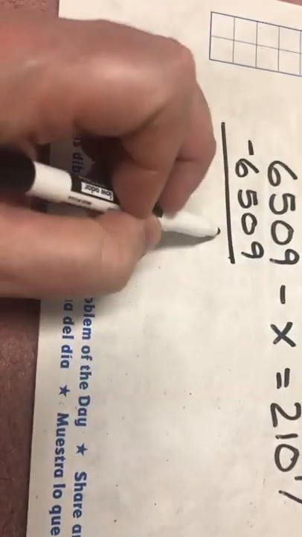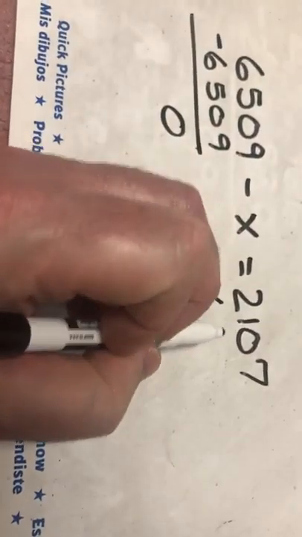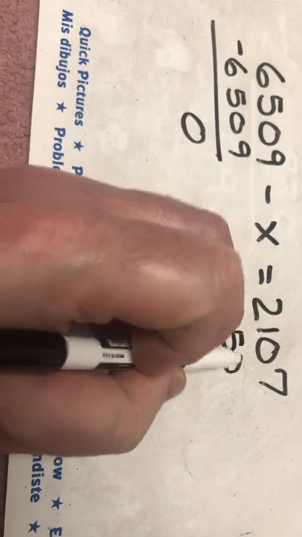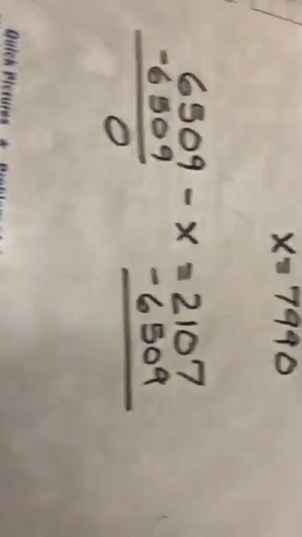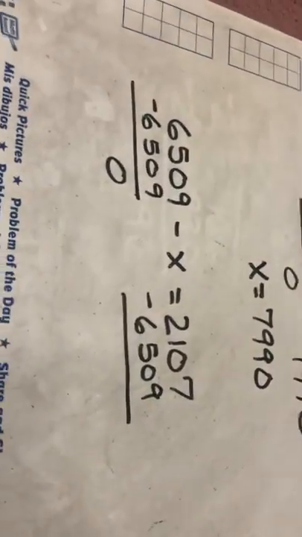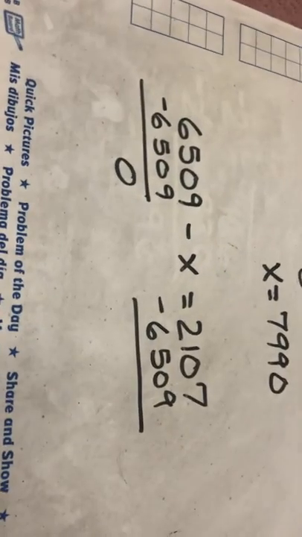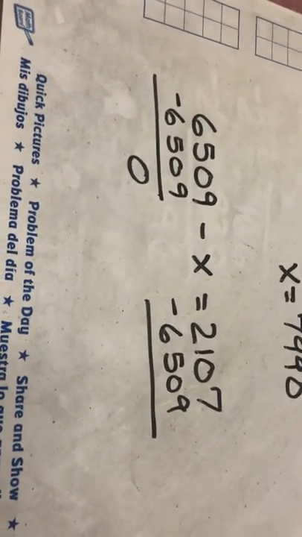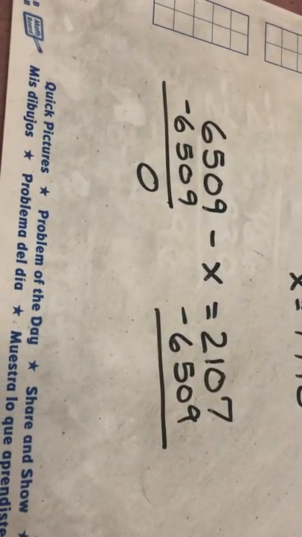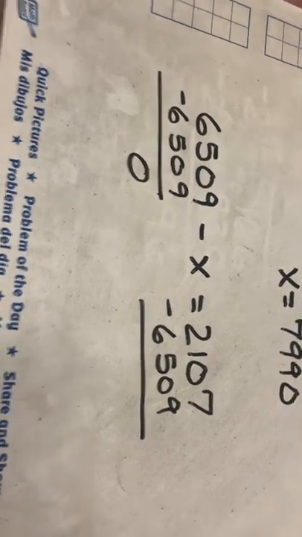That's going to give me 0, but then that's going to give me 2,107 minus 6,509. That becomes a problem. But since we've talked about negative numbers and subtracting bigger numbers from smaller numbers, we can help alleviate this.